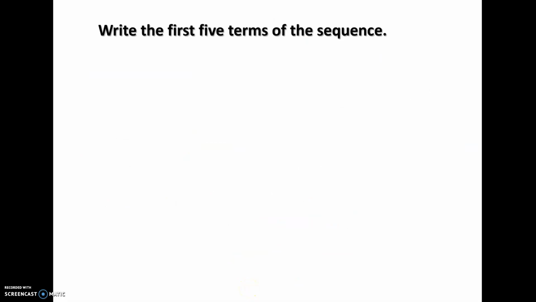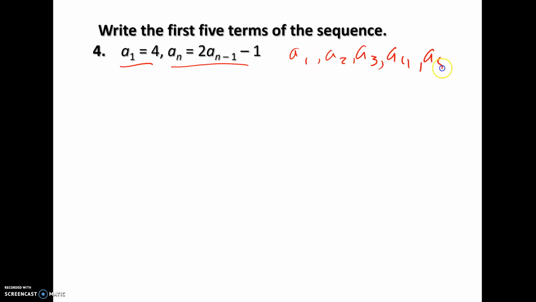Okay, let's finish with another example. Write the first 5 terms, and it's given sort of like in a recursive form. Well, it is in a recursive form because we see our first term and our formula for finding each term given the previous term. So if they want the first 5 terms, that means they want a sub 1, a sub 2, a sub 3, a sub 4, a sub 5.